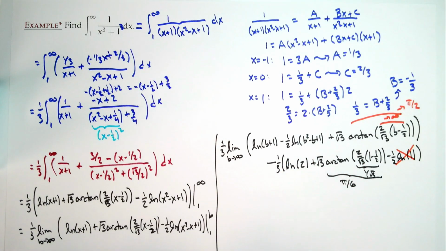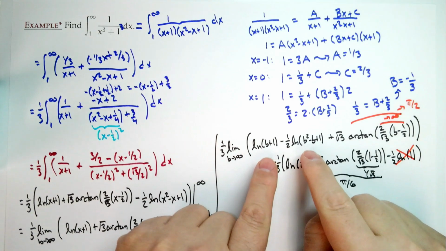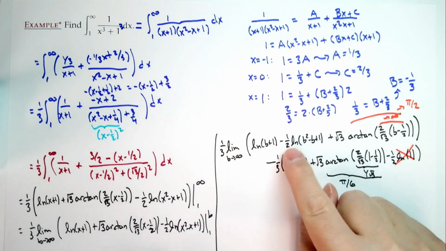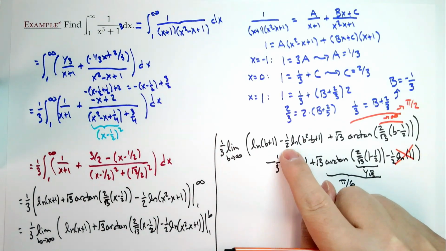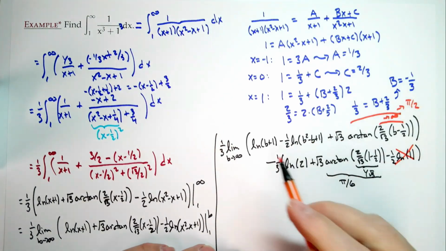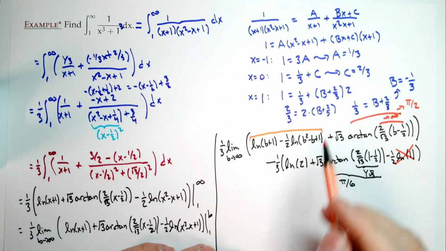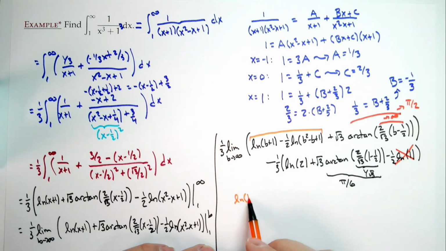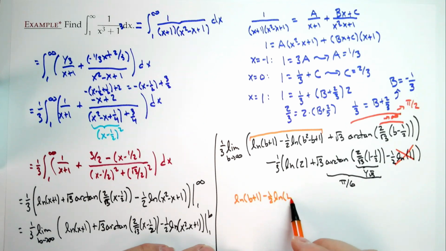Here's where we say, what can we do? Well, we're going to use properties of logs. So we've mentioned some properties. Subtraction becomes division. The 1/2 comes in as an exponent. So let's think about this piece right here. So log of b plus 1 minus 1/2 log of b squared minus b plus 1.